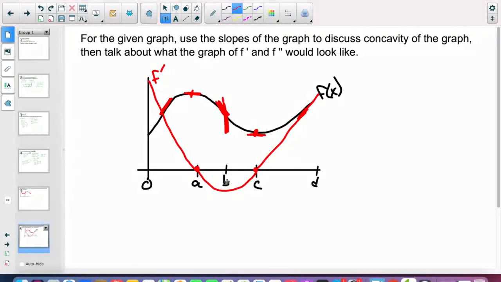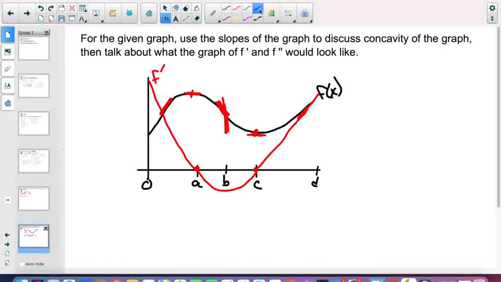Look at the derivative function. That looks like a parabola to me. So that means it would be an x squared function. So when you go from the f function to the f prime function, the degree of that function is going to decrease by 1.